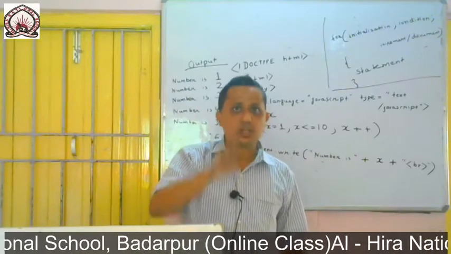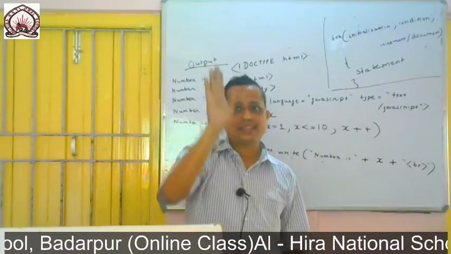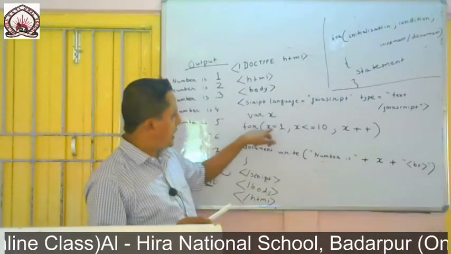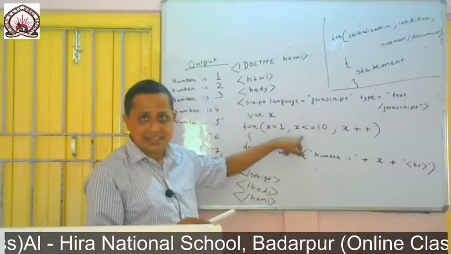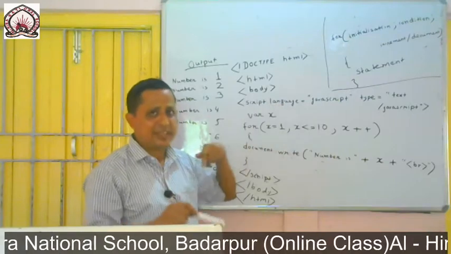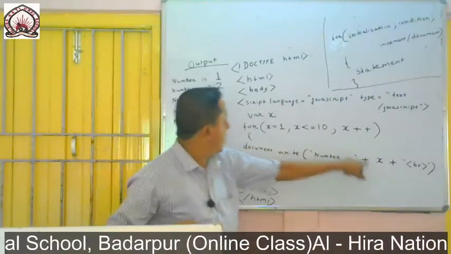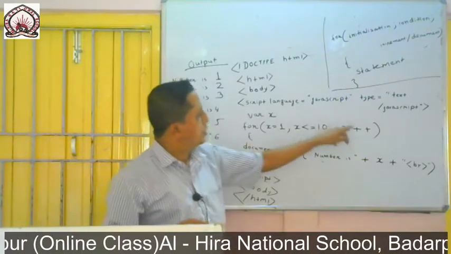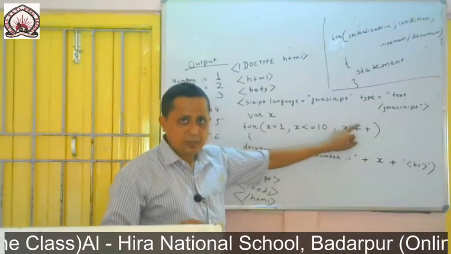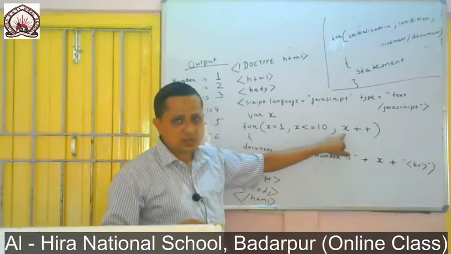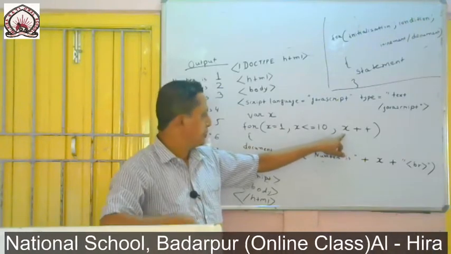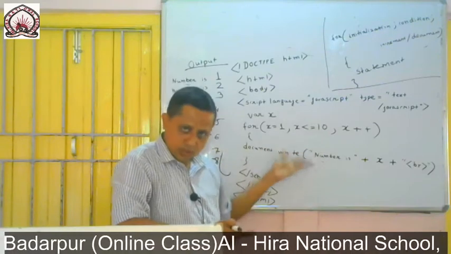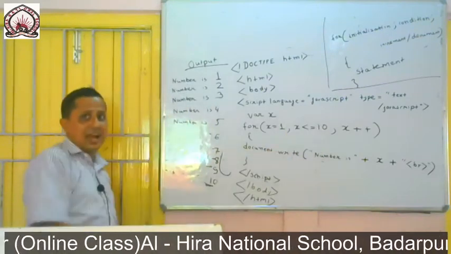When the condition becomes false, the statement stops execution. So 1 is obviously less than 10, so the number 1 is printed. Then it goes to a new line and comes to the increment. The value of x becomes 2, because x plus 1. Is 2 less than 10? It is true. So it goes on like that.